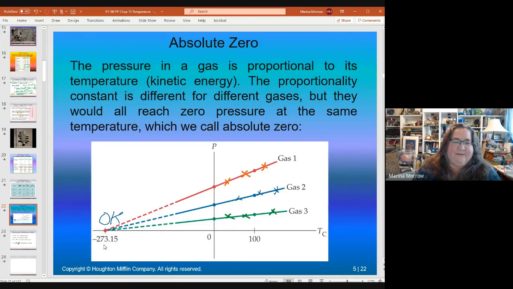So since this was minus 273, then let me put that down here. Then centigrade became plus 273.15. And he kept the same scale, so boiling point of water 100 degrees on the centigrade scale became 373. So he kept 100 degrees between these.